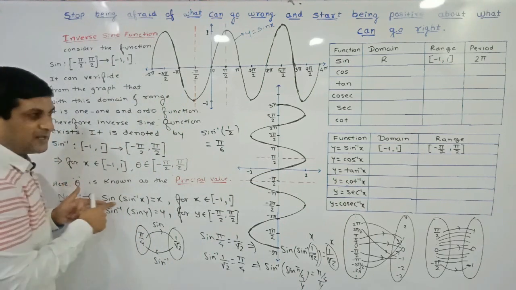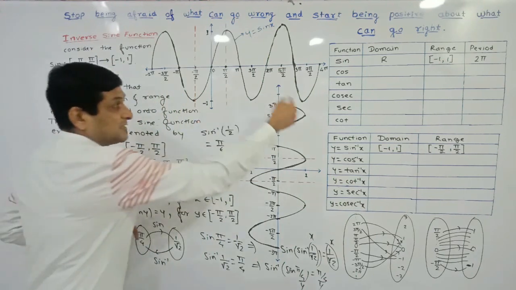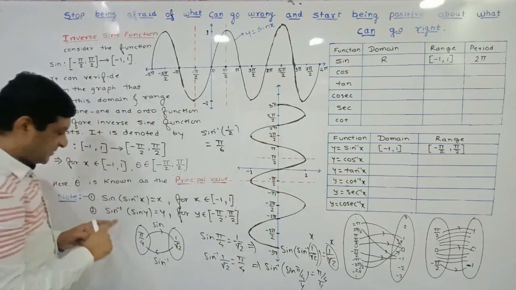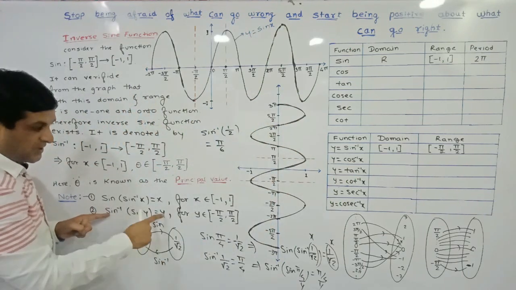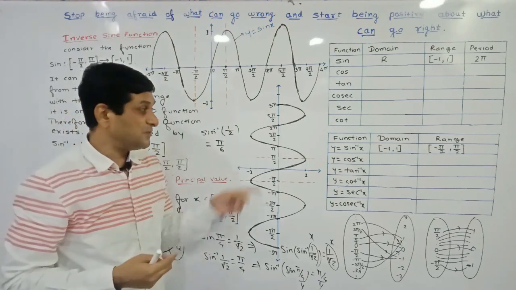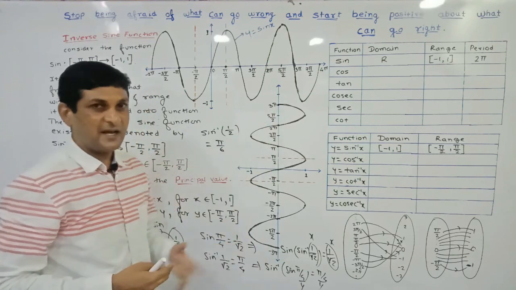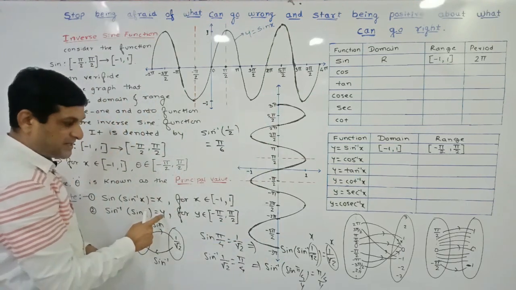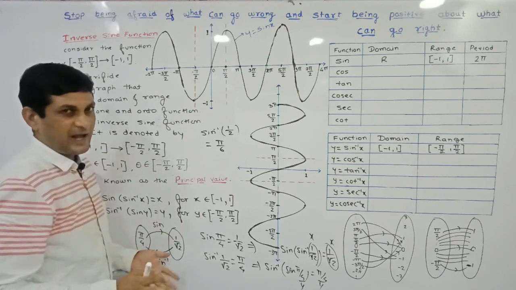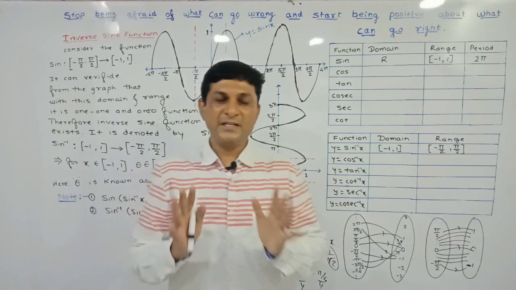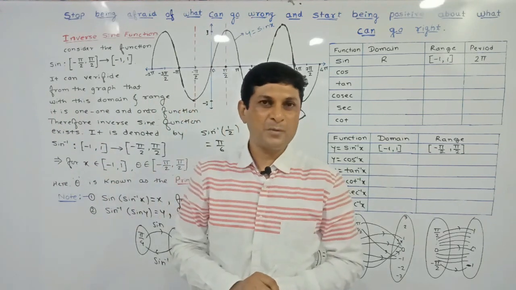The sine function lies on the x-axis, and this is the graph of sine inverse, which lies on the y-axis. The value of sine inverse we have denoted by y lies on the y-axis, and the values of theta lie on the y-axis. That's why instead of theta here we have denoted it by y.